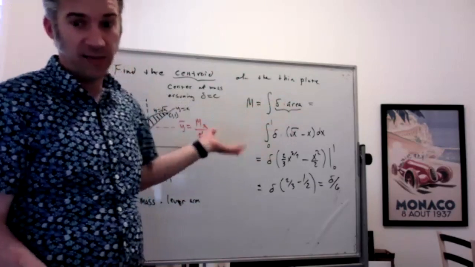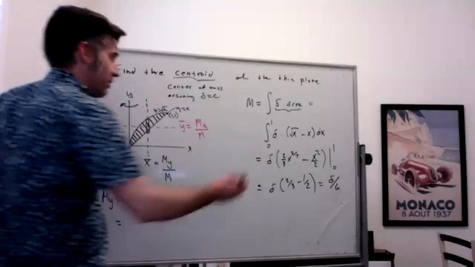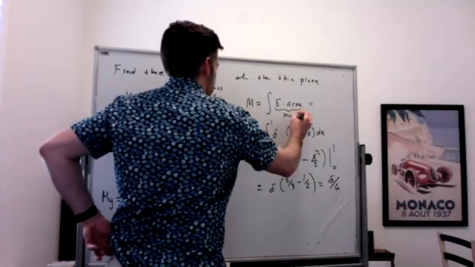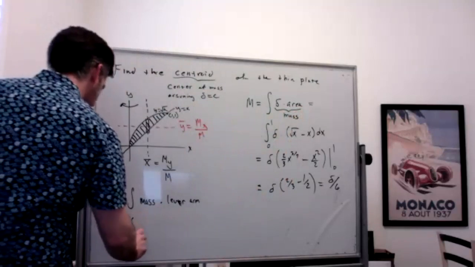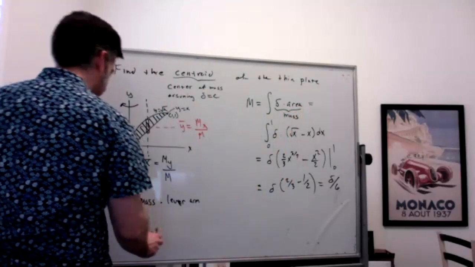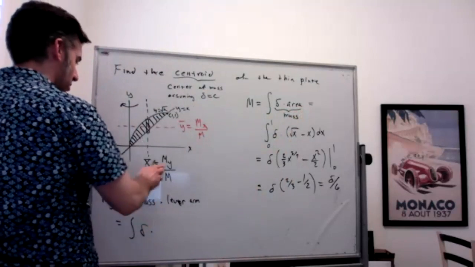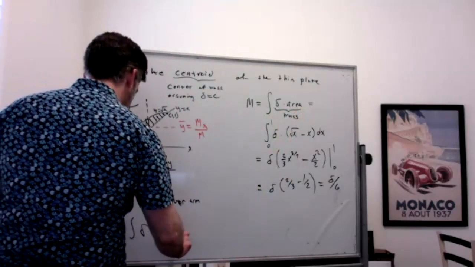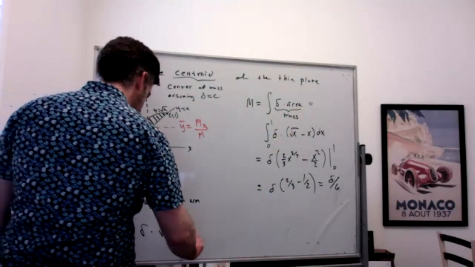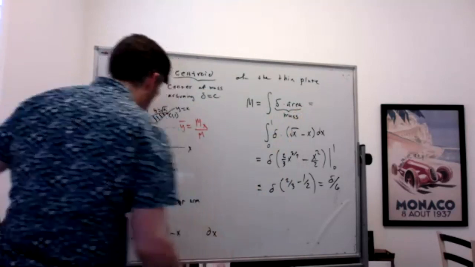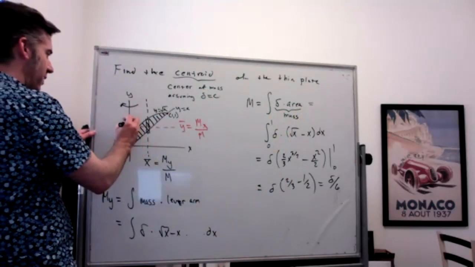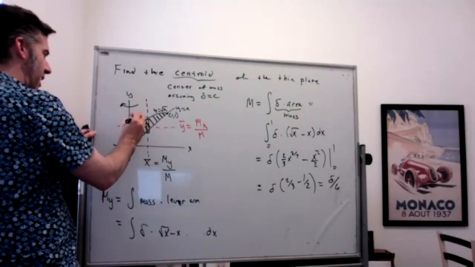It's the density times the area, right? That's the mass. So it's still going to be the density times the area, which is root x minus x times dx. And the lever arm is just how far it is from the axis, which is x.